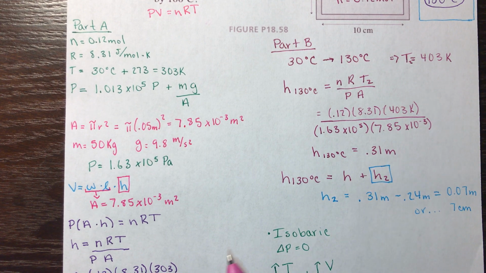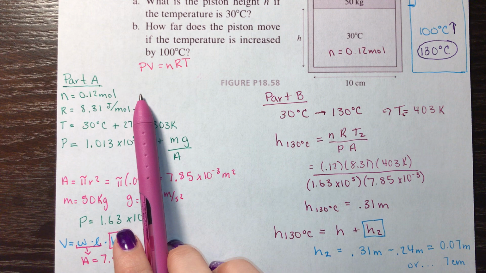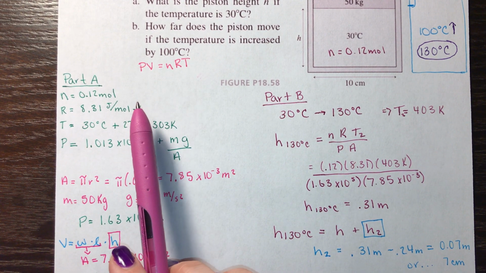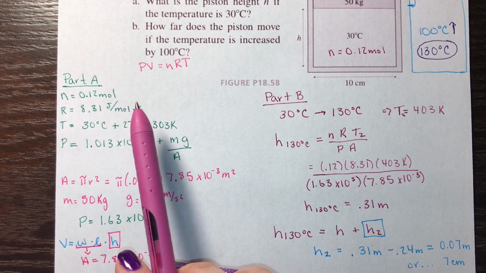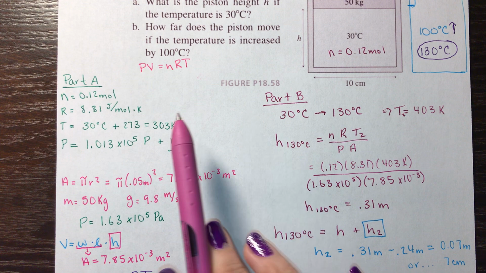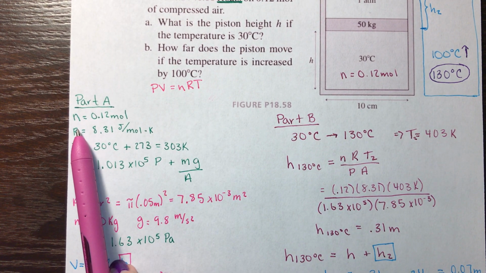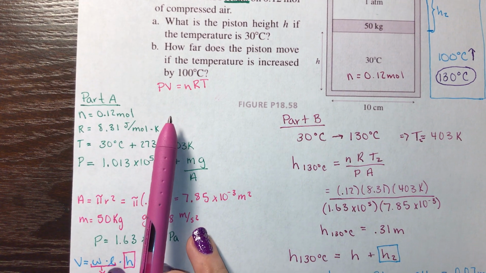So for part A, we are obviously going to be using the ideal gas law of PV equals nRT, and we are going to want to go through each variable and fill in the information that we're going to plug in. So first, starting with the right side of this equation, given by the problem, we know that the amount of moles is 0.12 moles.